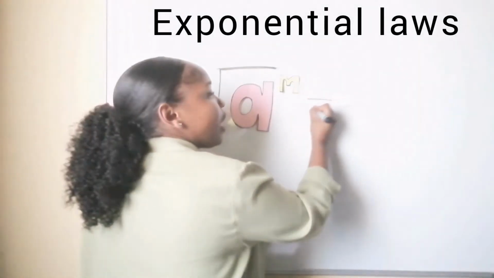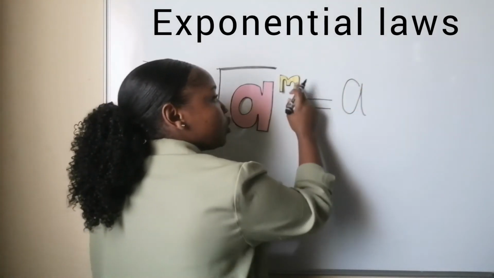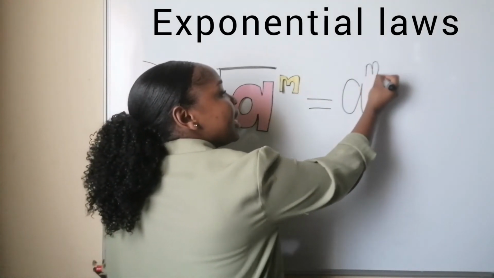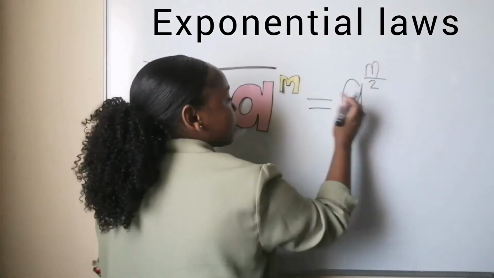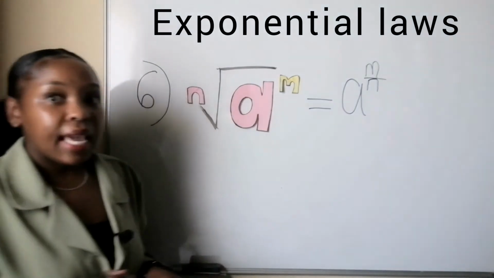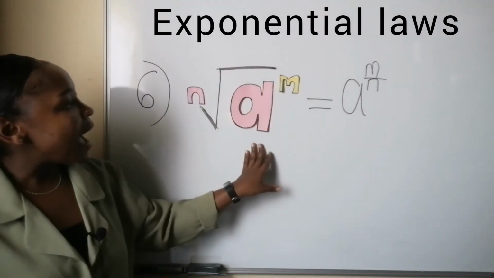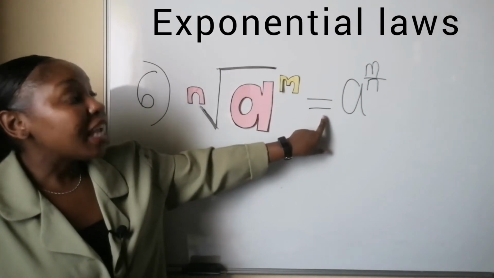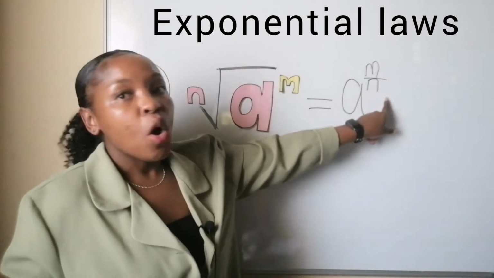So how would you write this out? You take your a, all raised to the power of m divided by that n there. So this root of this power can also be written as a to the power of m over n.